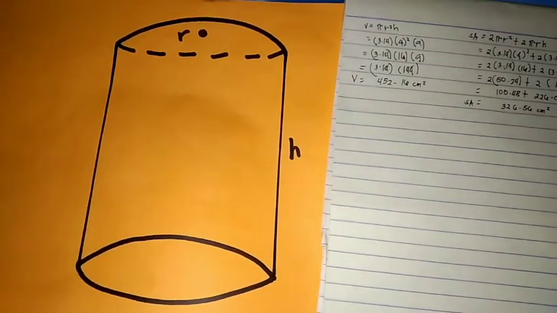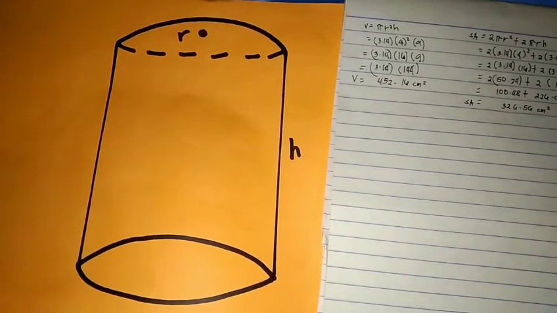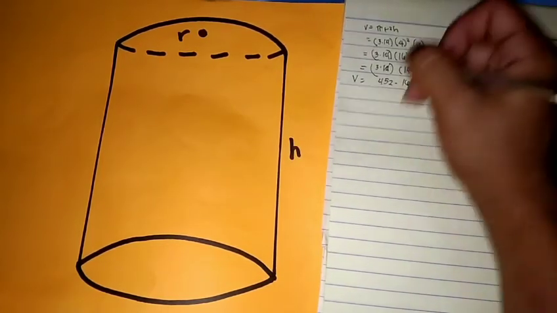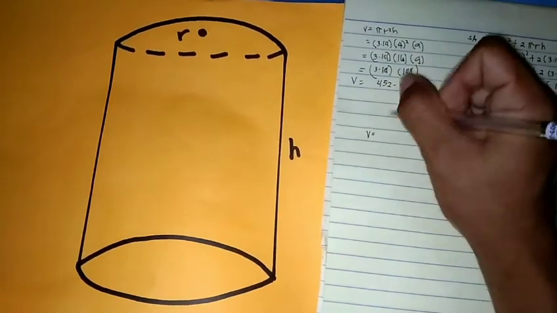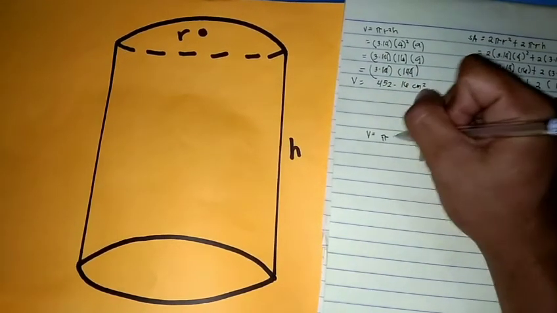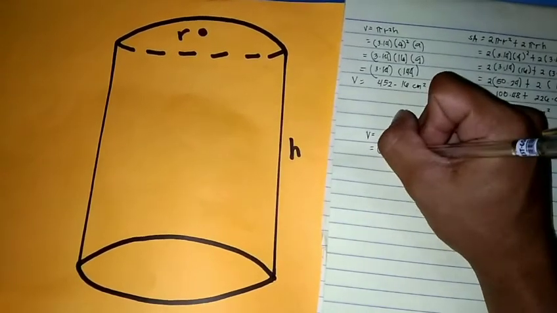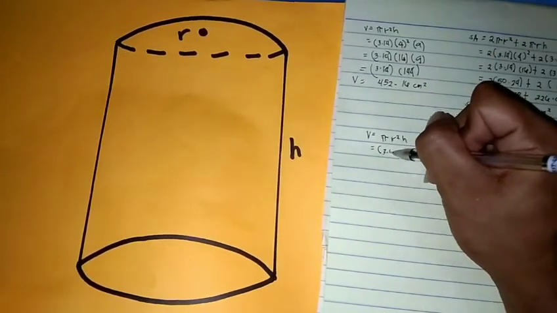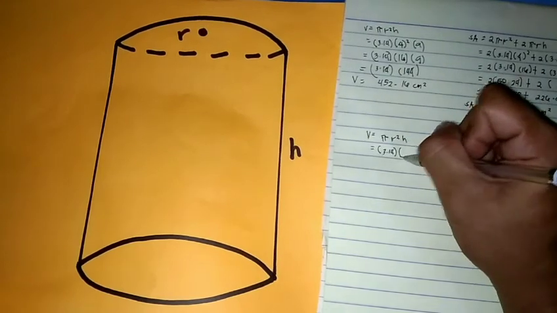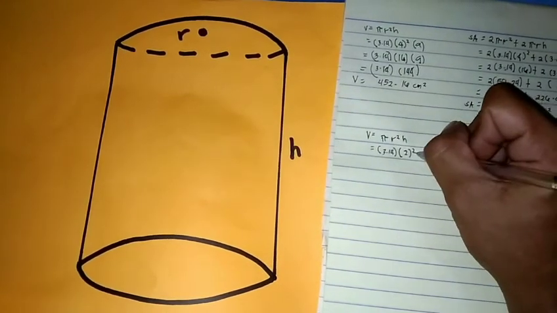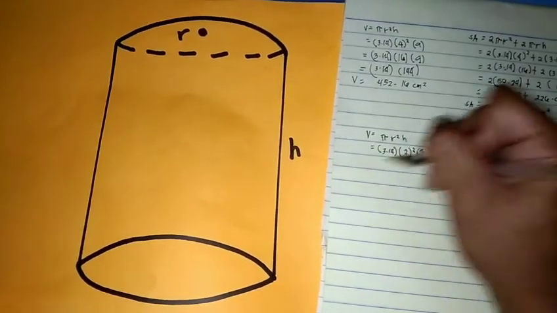Another example. Let us assume that we have the value of its radius as 2 and its height as 5. So the same formula for the volume, V is equal to pi times radius squared times height. The value of pi is 3.14, the radius of 2 squared, and the height of 5.